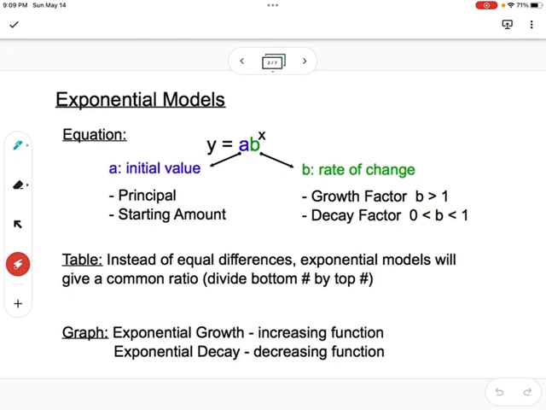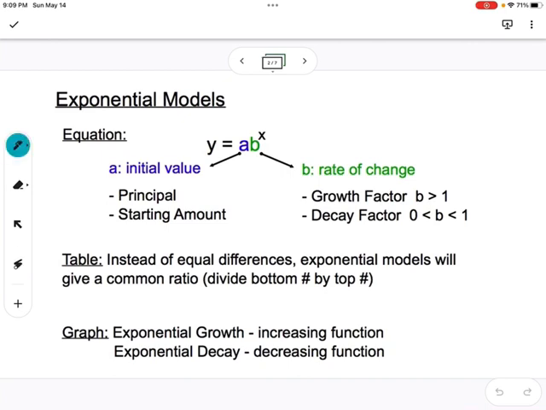Okay, so looking at our exponential equation, y equals a times b to the exponent x, remembering here that the a value is the initial or starting value, and b is the rate of change, so whether you have growth or decay.